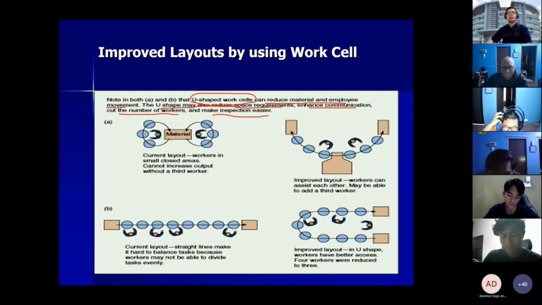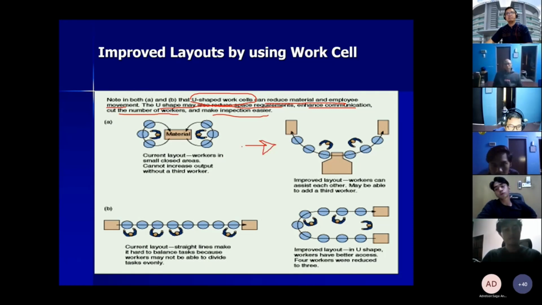See the example, a current layout will be like this. Workers in a small closed area cannot increase output without a third worker. For example A, the improved layout will be like this. This worker only focuses on this area, worker 1. Another worker, number 2, only focuses on that particular area.